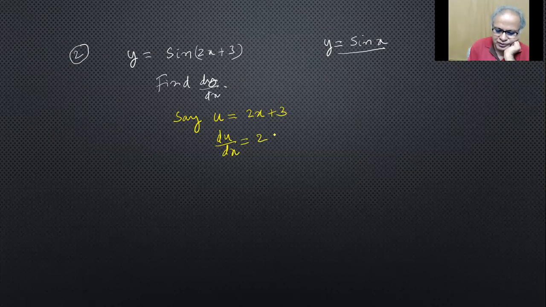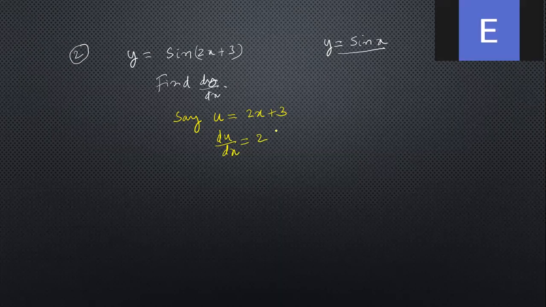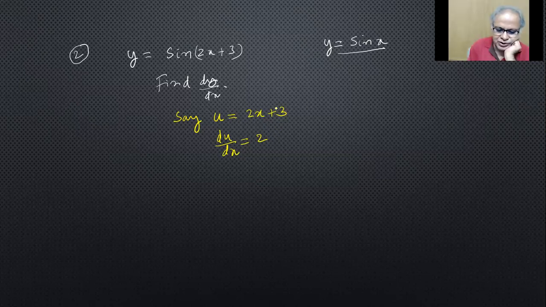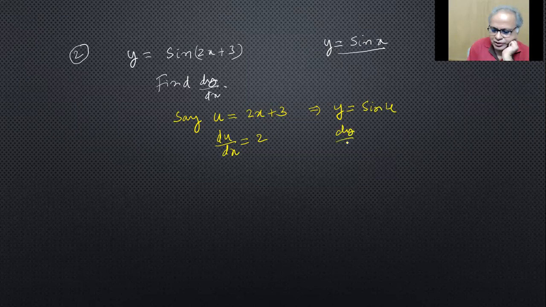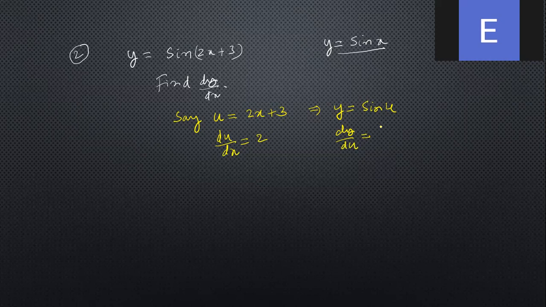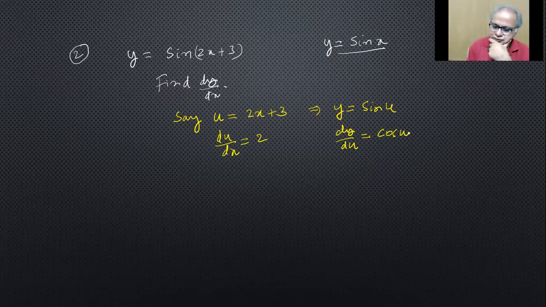2x derivative is 2, 3's derivative is 0, right? Now, since u equals this, it implies y equals sine u, right? So dy by du is what? Sine u, that is cos u. Cos u, that's all.